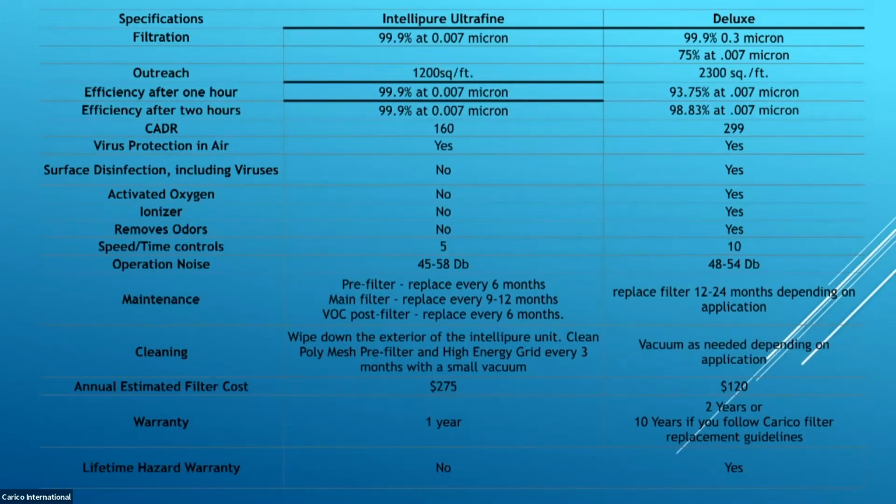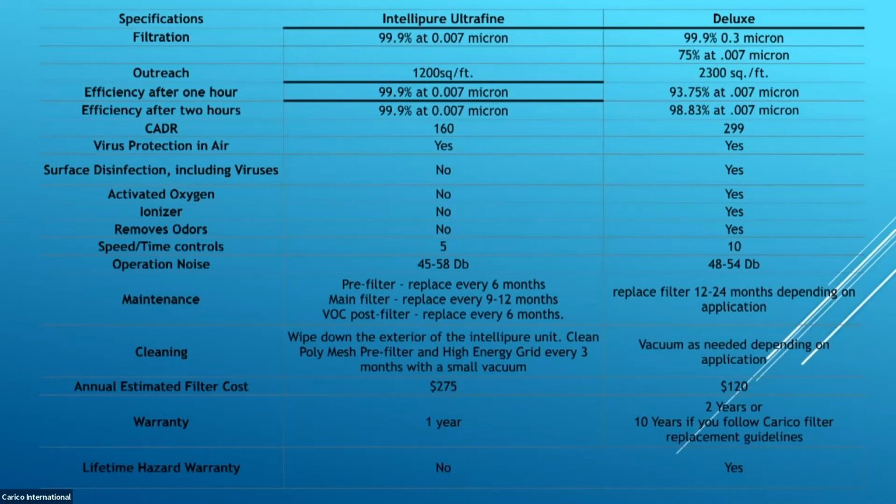That means for every one time this IntelliPure unit cleans the air, we do it twice, okay? So let's take a low number. We know that we're 89% at 0.08. Let's say we're 75% at 0.07 microns, okay? But you've got to remember, we clean it twice.